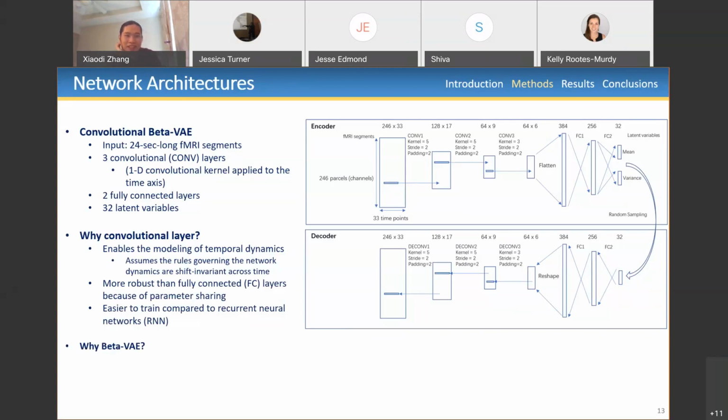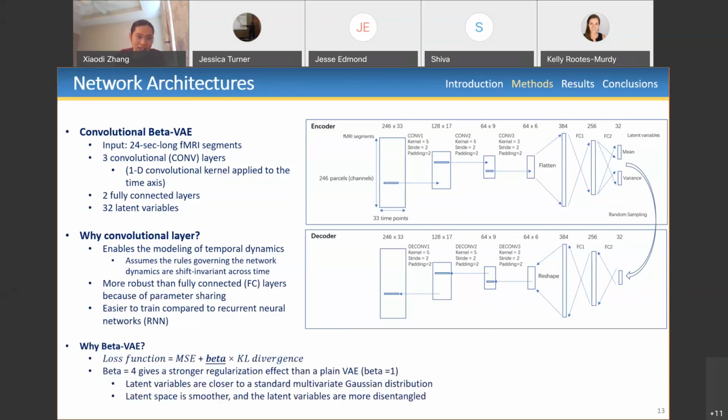And also it's a beta VAE, meaning that the loss function is a weighted sum of the mean square error and the KL divergence. The KL divergence has a heavier weight in beta VAE, and that will give you a stronger regularization effect, so that, as you can see, the latent space becomes smoother, and also different latent variables become more orthogonal to each other.